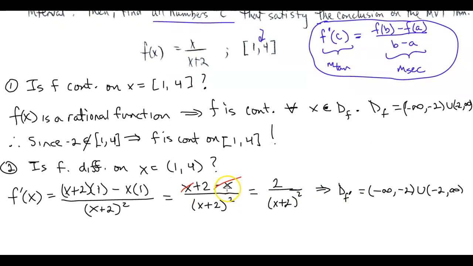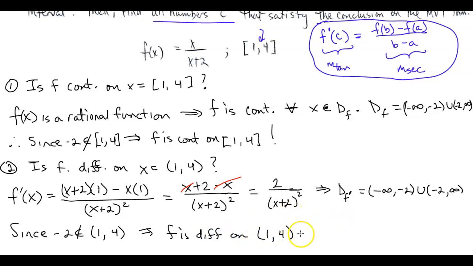Now, again, since -2 is not a member of this open interval here, this implies that f is going to be differentiable on this open interval of x values from 1 to 4. Okay.